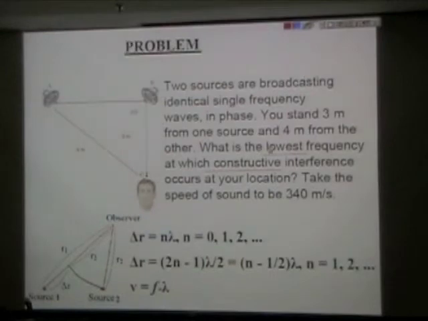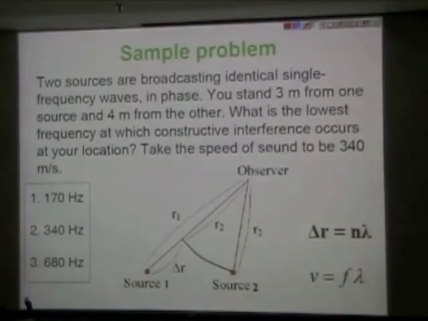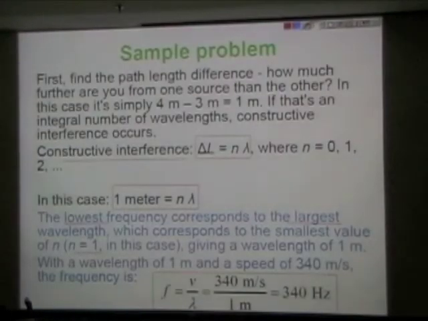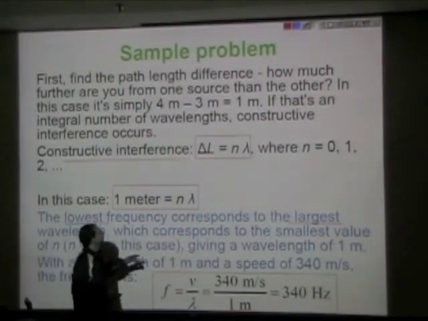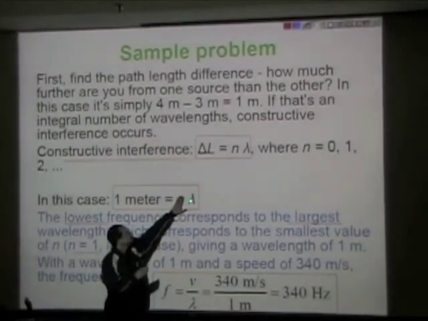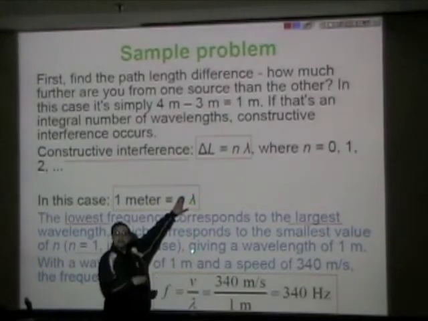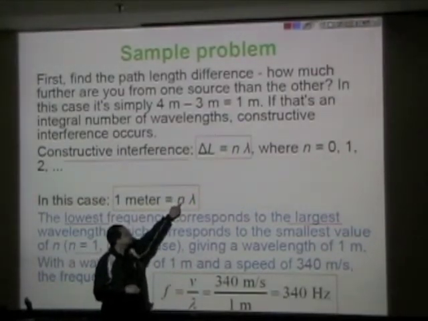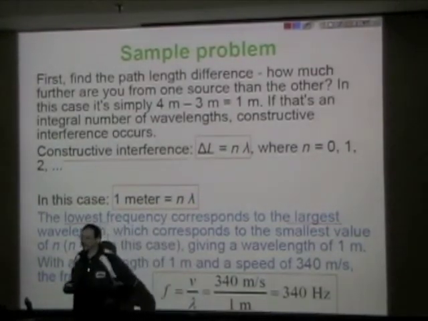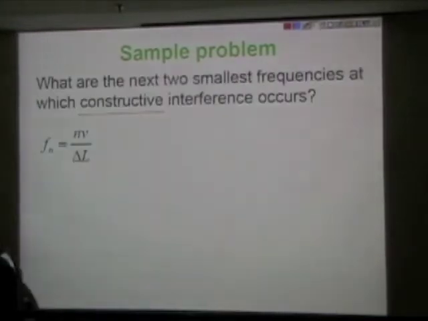And now, we can calculate everything. So the path difference is 1 meter. That means n equals 1 gives the first wavelength, which gives the maximum. n equals 2 gives the second possible wavelength, which gives the maximum.